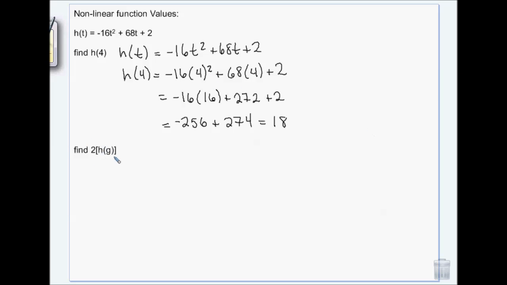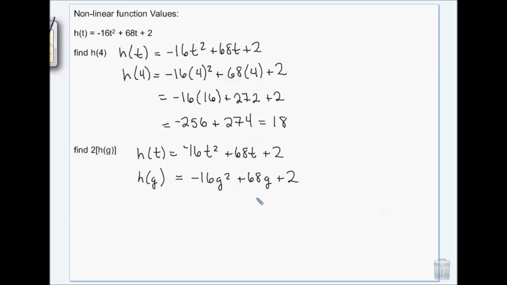Now this one's a little different. I'm going to rewrite this again. Now h of g is the same idea. Everywhere there's a t, I'm going to replace it with a g. Okay, so h of g is not too bad.